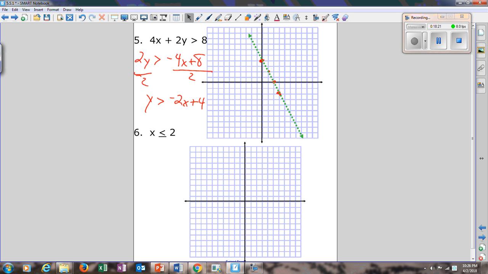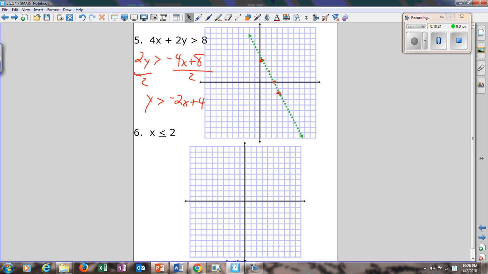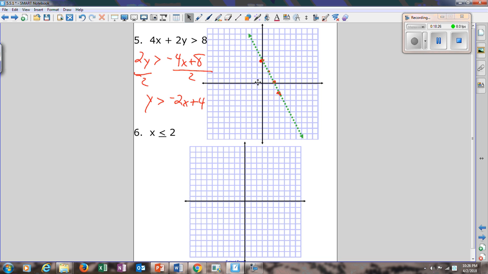Then we plug in the origin. Gives you 0 is greater than 4, which is not true. So you go above the line.